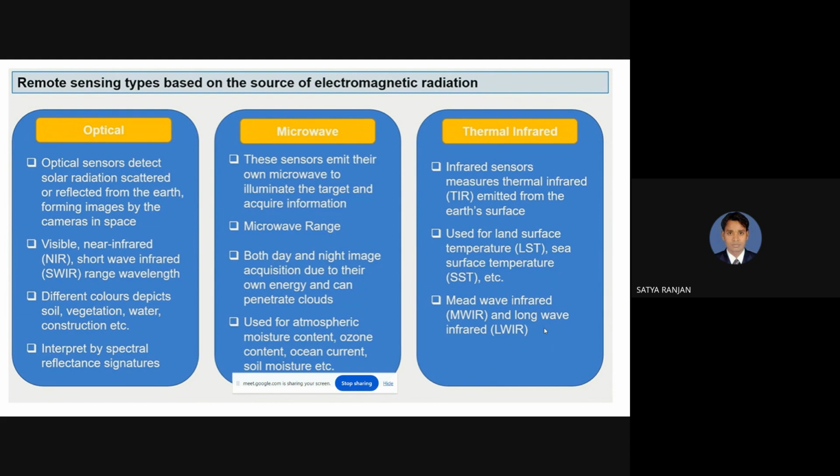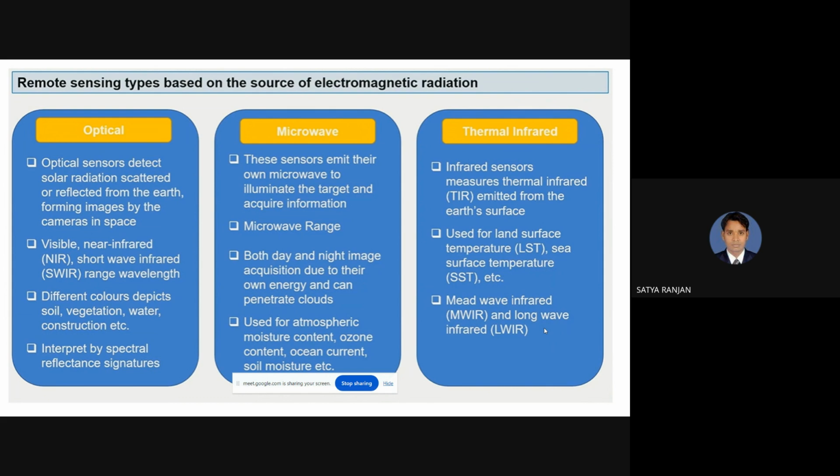So it is generally the visible to infrared region, and different colors depict soil, vegetation, water bodies, constructions, land use, land cover, forest areas, and the different structures of settlements and industrial areas. Based on the optical reflectance, the different features are identified and interpreted by their spectral signature. So this is the optical range.